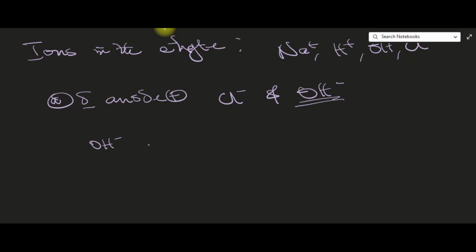We will get oxygen gas, and also more water in the electrolyte, and electrons as well, because in order to get discharged, it needs to remove electrons. OH minus loses electron to become water and oxygen gas.